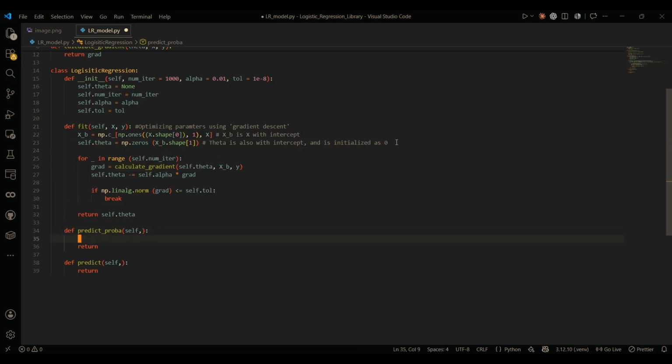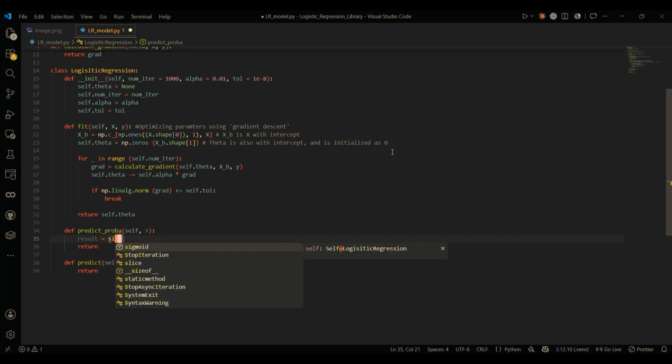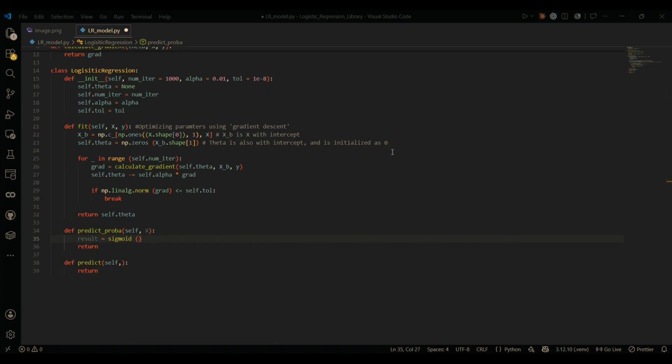So now for predict_proba. Basically, the probability is a sigmoid function, right? So we'll just take in x, and then we use the sigmoid function.